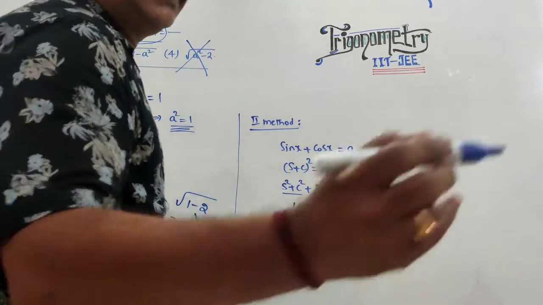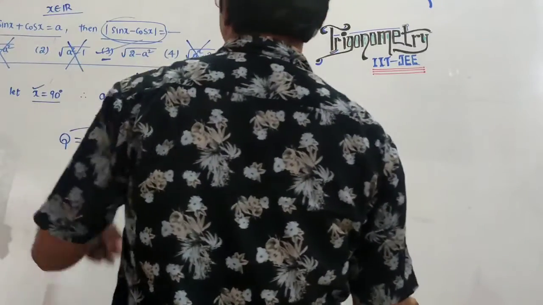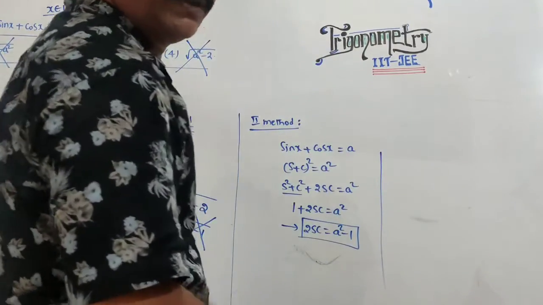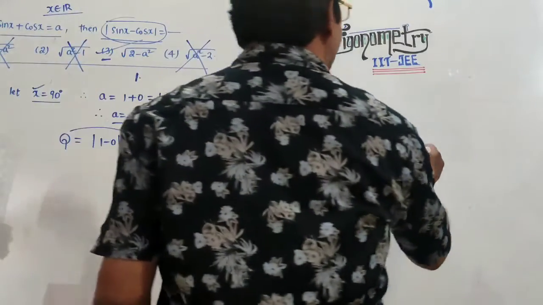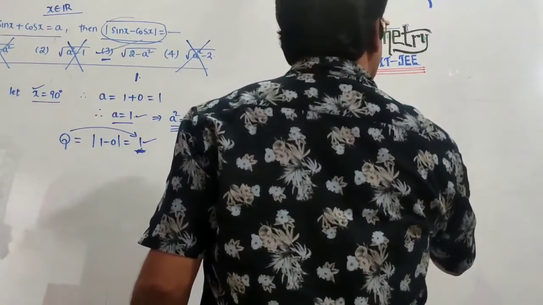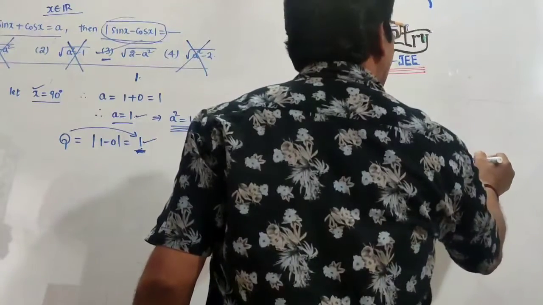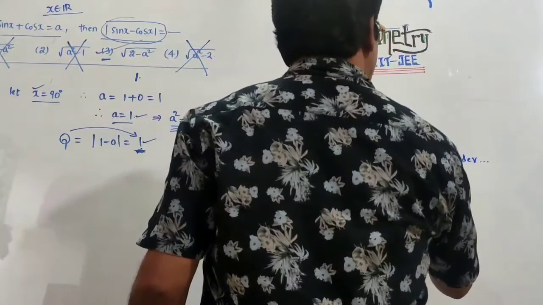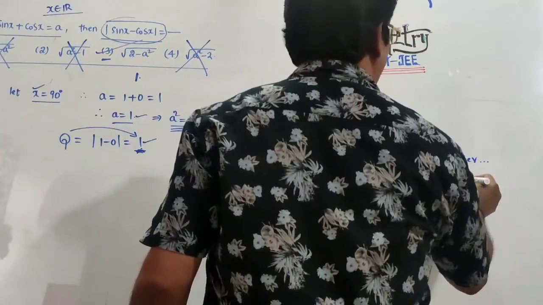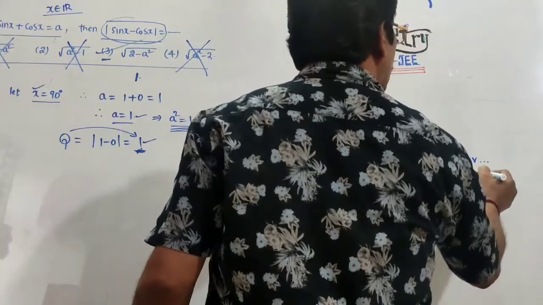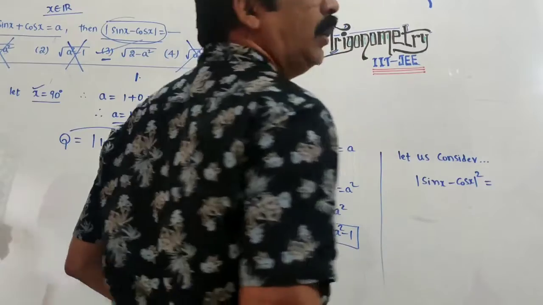Keep it up. Next, you come here. What is the question? Modulus of sin x minus cos x. Okay, let us consider modulus of sin x minus cos x whole square.